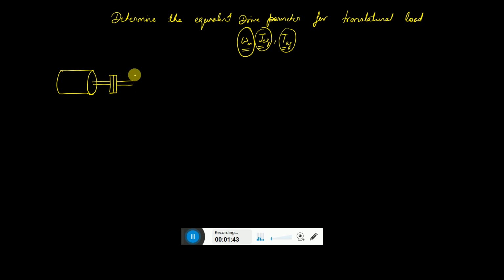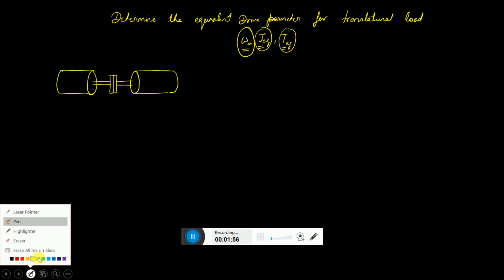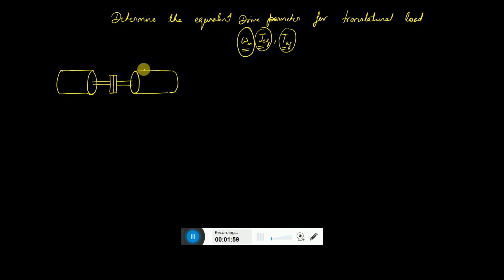Here it is attached to another load, or it may be a drum, and you have the wires or rope wound over it. Here you have a mass or load.